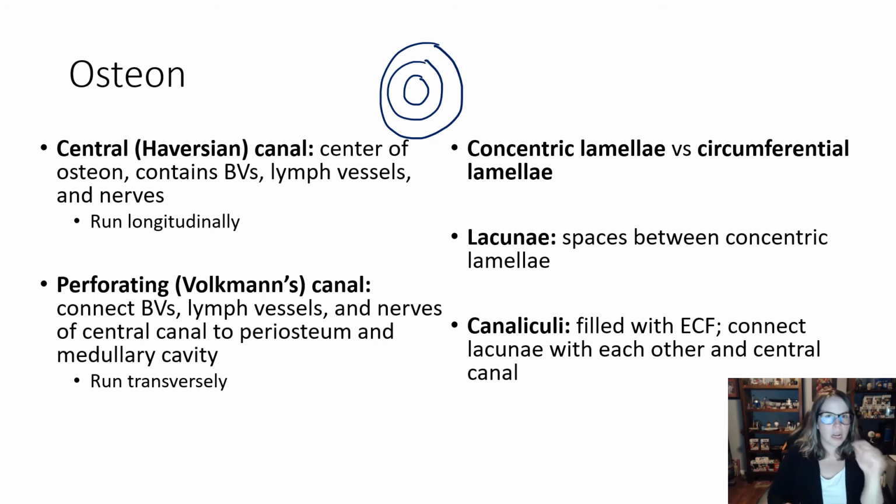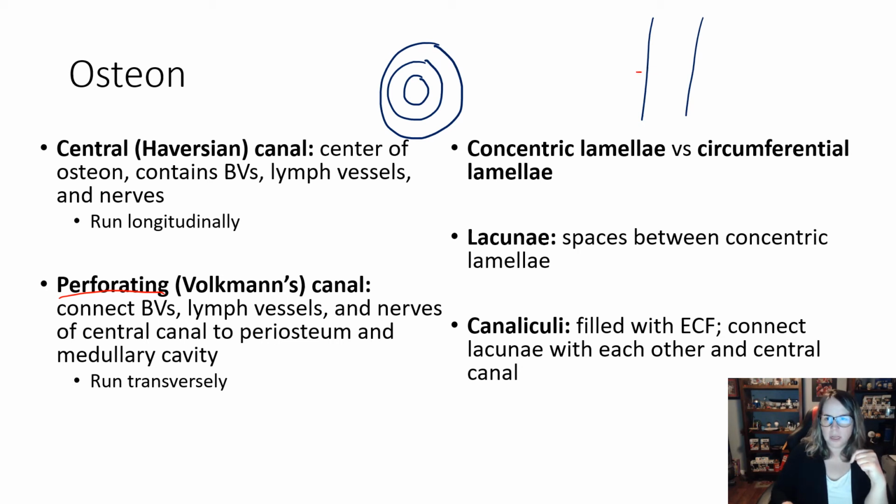The perforating or Volkmann's canals are going to go perpendicular. So if this is the diaphysis of my bone, what happens is the perforating canals are going to run this way. So let me just give that a red color. And then, it erased.